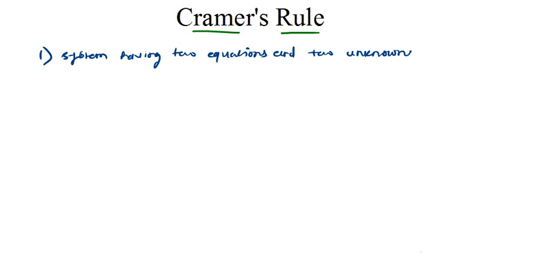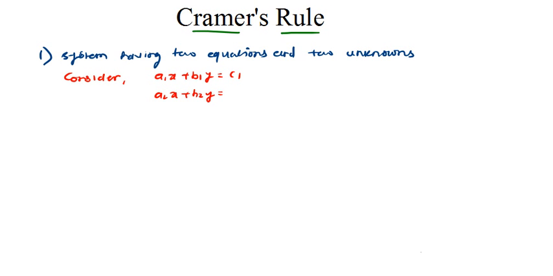So this will be the system having two equations and two unknowns. For that I will consider one system of linear equations: a1x plus b1y equal to c1, a2x plus b2y equal to c2.